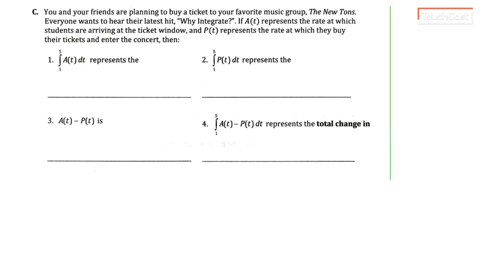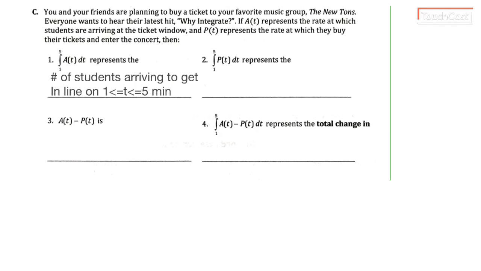If A of t represents the rate at which students are arriving at the ticket window, and P of t represents the rate at which they buy their tickets and enter the concert, then the integral from 1 to 5 of A of t with respect to t represents the number of students arriving to get in line on the interval 1 to 5 minutes.